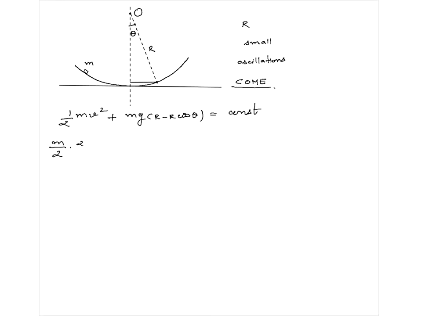Derivative of v square is 2v dv by dt. R I can take out. M is constant, G is constant, R is constant. 1 minus cos theta. Derivative of 1 is 0. Then derivative of minus cos theta is plus sin theta into d theta by dt. I have applied chain rule. Derivative of constant is 0.